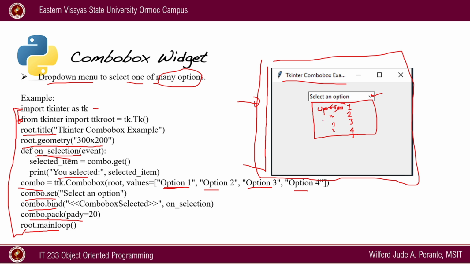So pag pinili natin si option 2, so on our console, mayroon dyang lalabas na you selected option 2.